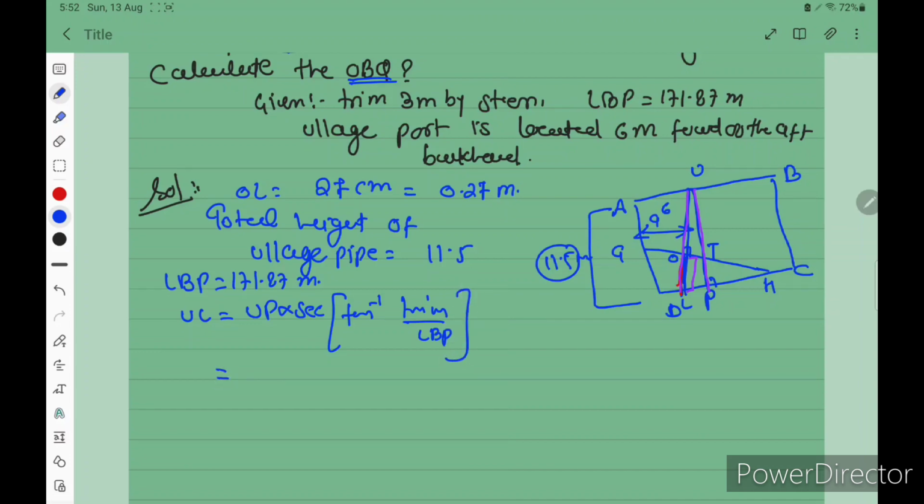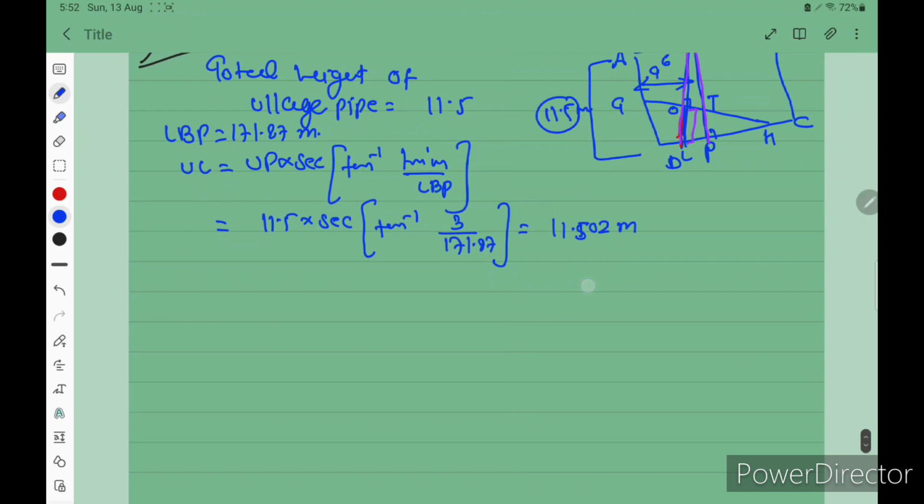Put the value: 11.5 into sec tan inverse 3 divided by 171.87 is equal to 11.502 meter. We have the UL and we have the OL, so we can find UO. So UL minus OL is equal to 11.502 minus 0.207 is equal to 11.232 meters.